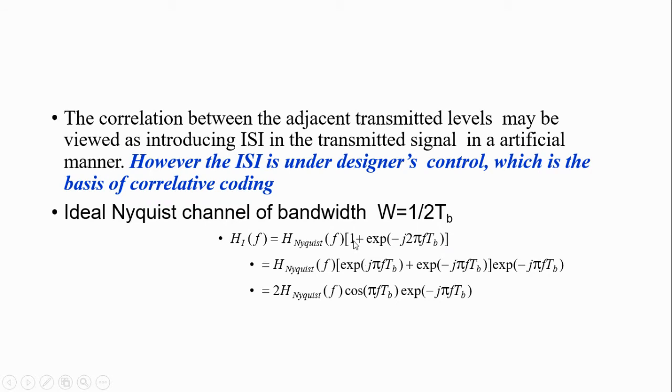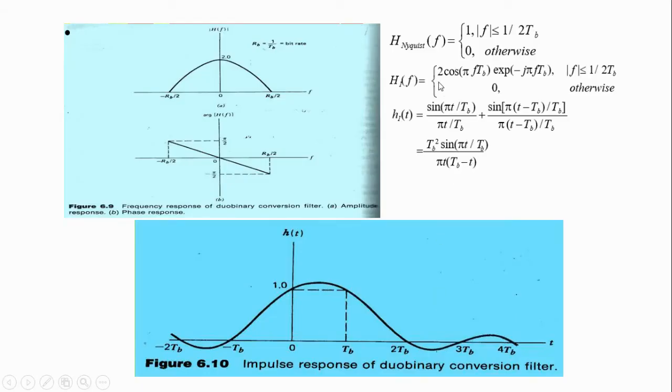So this one will be e power plus j pi f Tb plus e power minus j pi f Tb, times exponential of minus j pi f Tb. Here we know that e power minus j theta plus e power plus j theta is equal to 2 cos theta. So we apply this formula, we get H of f equal to 2 H Nyquist of f cos of pi f Tb into exponential of minus j pi f Tb.